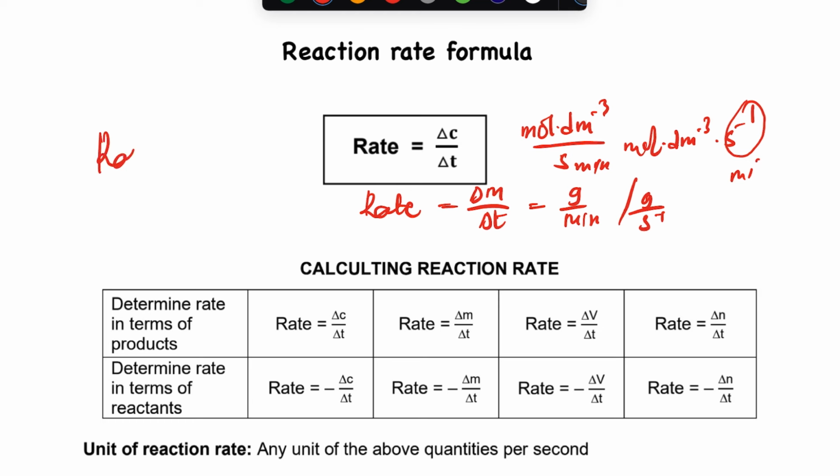Or our rate is based on change in volume, so it will be dm3 per second or per minute, right? That's how you calculate the rate. When we say change in concentration, that means concentration final minus concentration initial, divided by T final minus T initial. I hope that makes sense, guys.